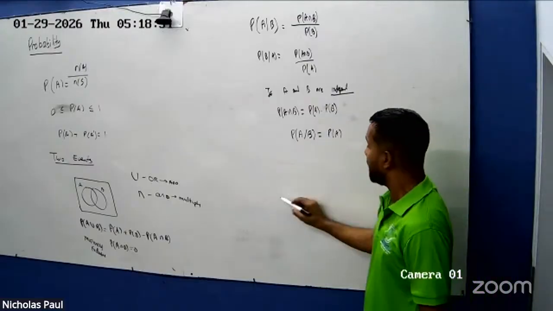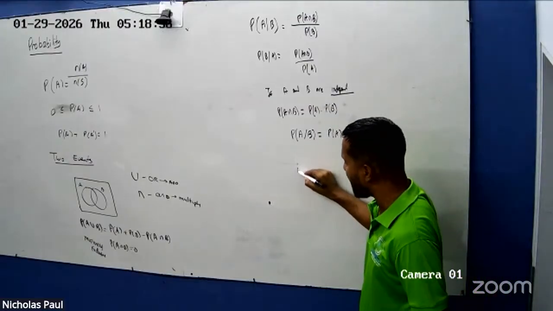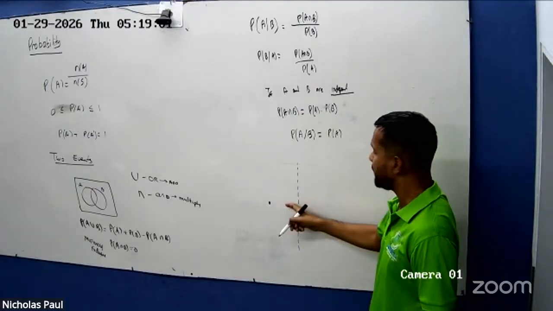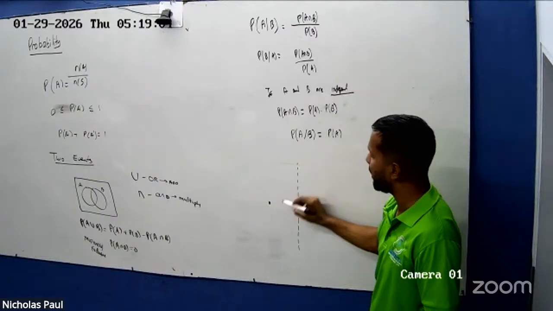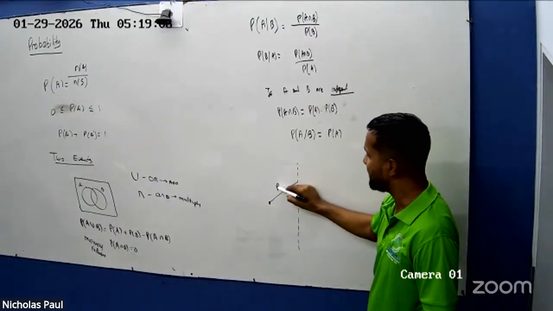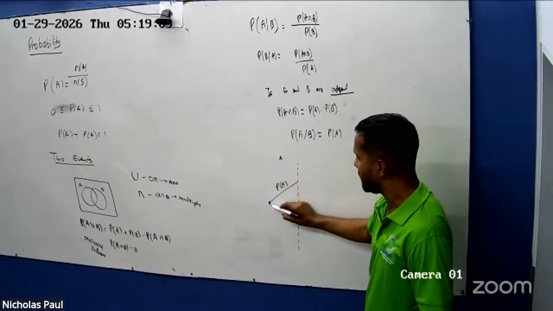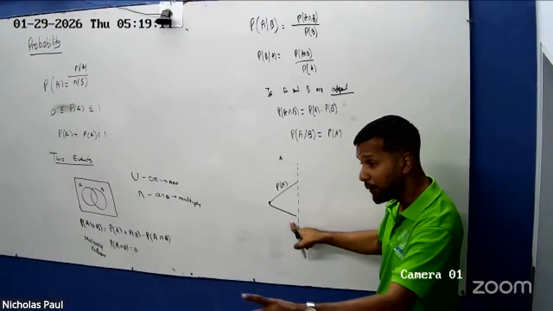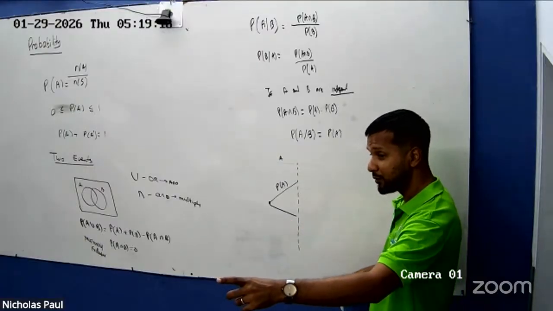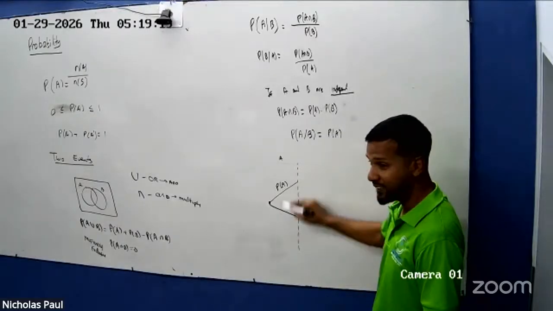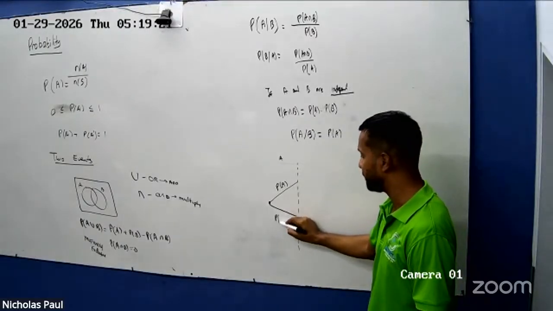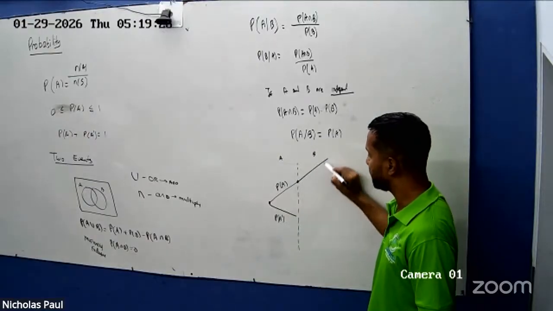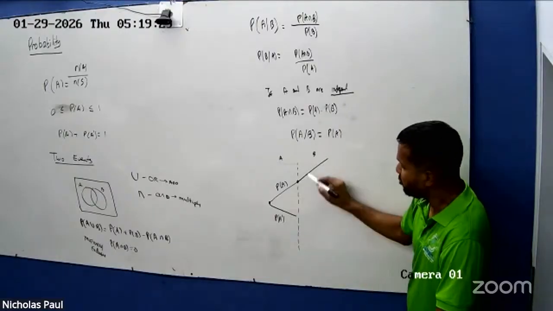So we use tree diagrams to represent what type of probability? Tree diagrams are used to represent conditional probability. If this is the probability of A, this is the probability of not A. And if here's B, what's this line?